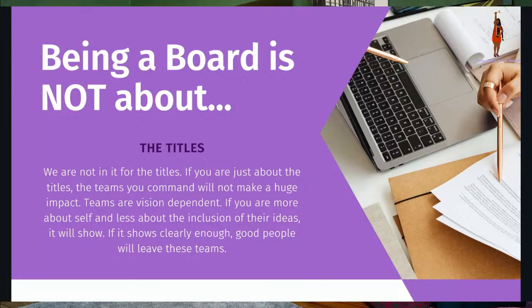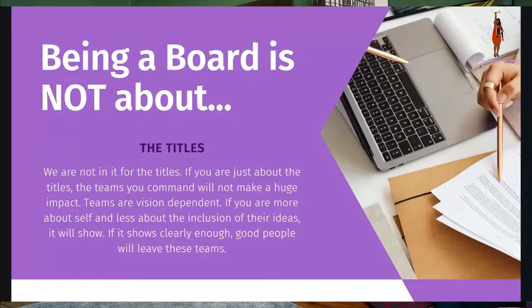Okay. We have to have vision. We have to have more than just successful people on our teams. You have to know that a board member doesn't care about titles, they care about impact. Titles are nice on paper and mean nothing in real life, okay?